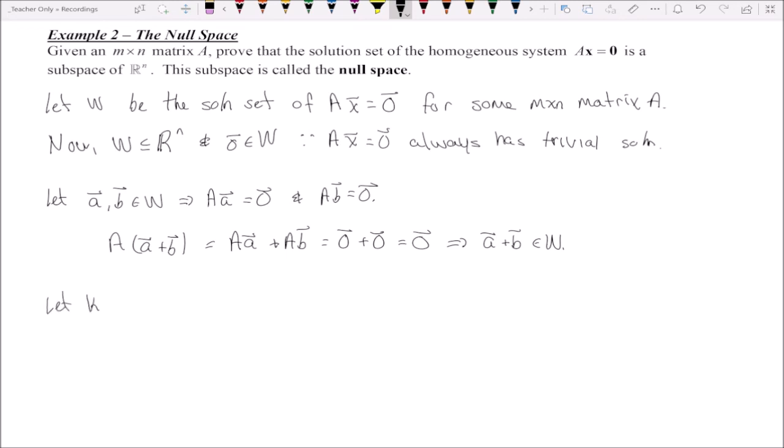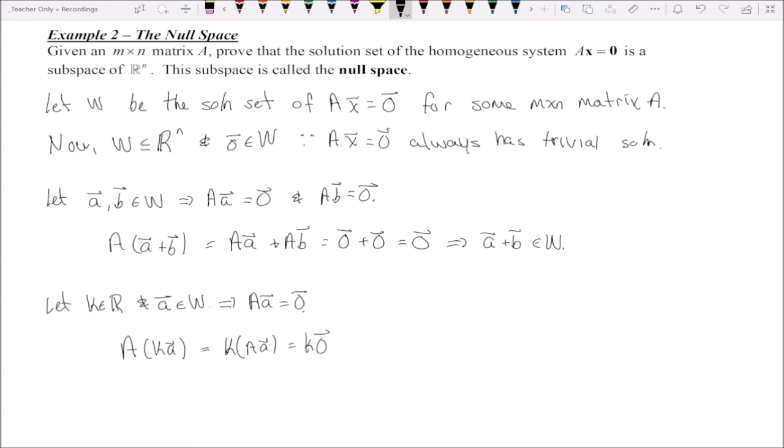Now let K be a real number and u be in W. This implies, of course, that A times u is equal to 0. We now want to look at A times (Ku). Again, by properties, this will be K times Au.